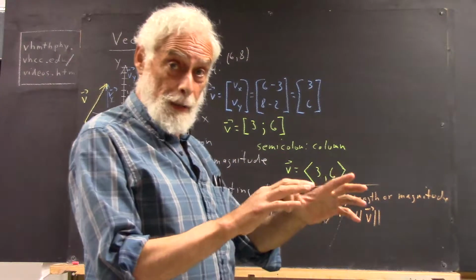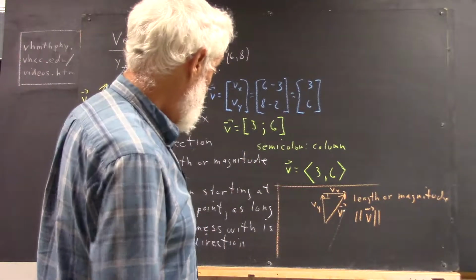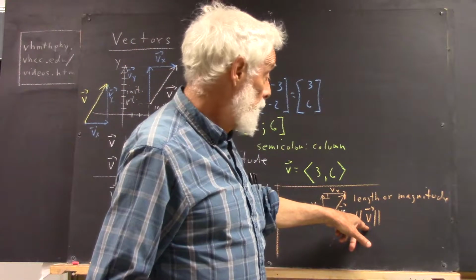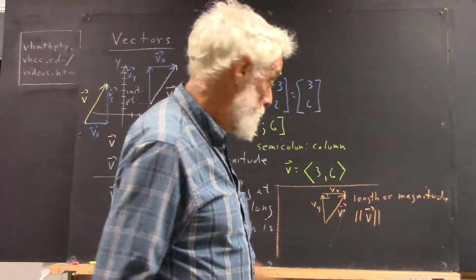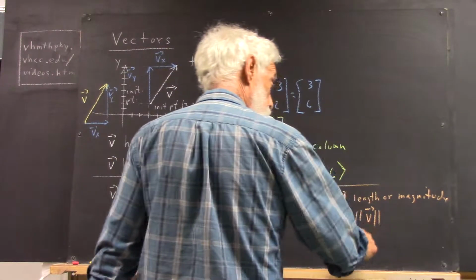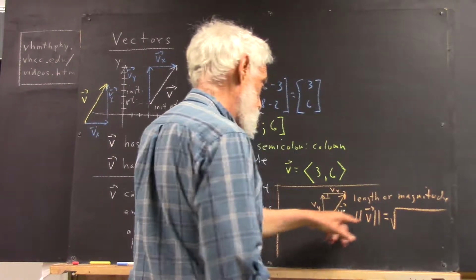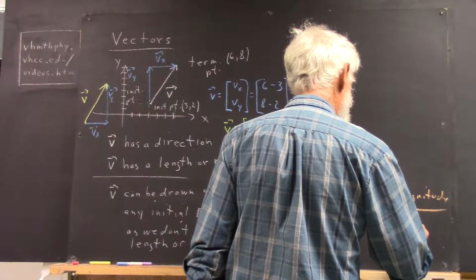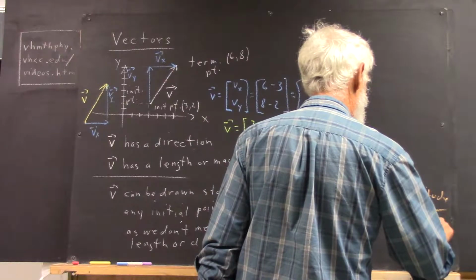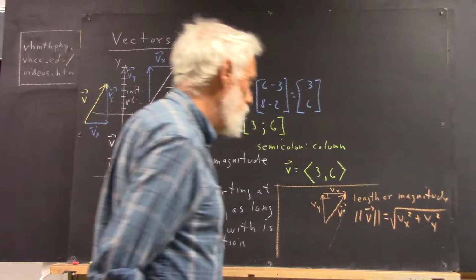So it's kind of like an absolute value sign with attitude, okay? The magnitude of the vector, designated with this notation, is just the square root of Vx squared plus Vy squared.